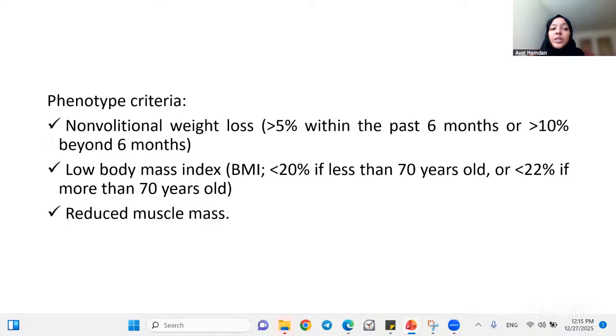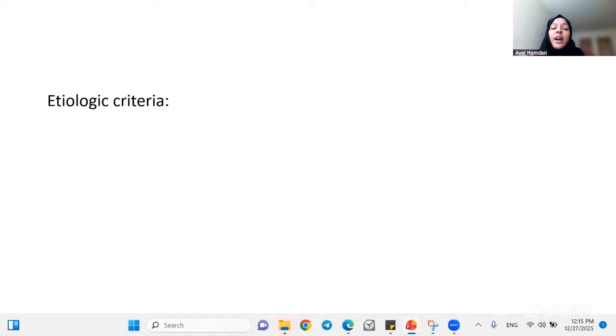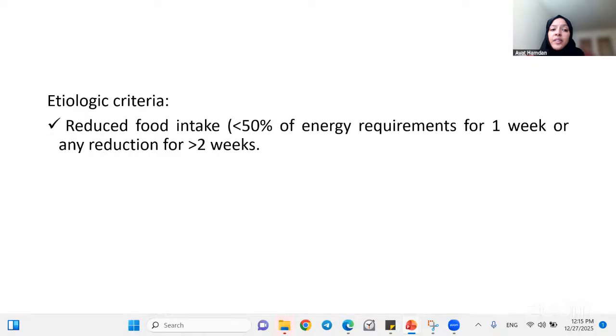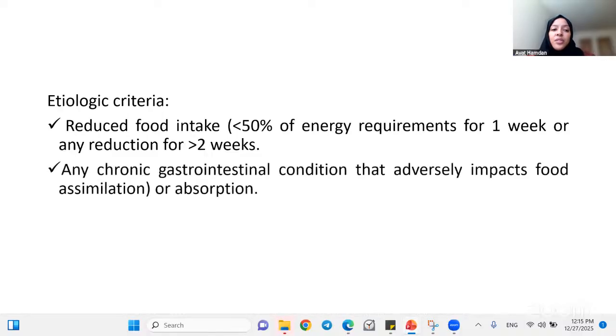So we need at least one of the phenotype criteria and one of the etiological criteria. The etiological criteria start with reduced food intake, and mainly what they mean here is due to loss of appetite. So if he is eating less than 50% of his energy requirement for 1 week, or any reduction over 2 weeks, we consider this as one positive criterion.